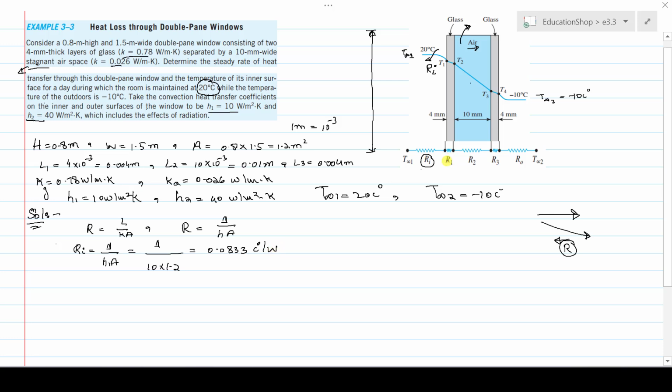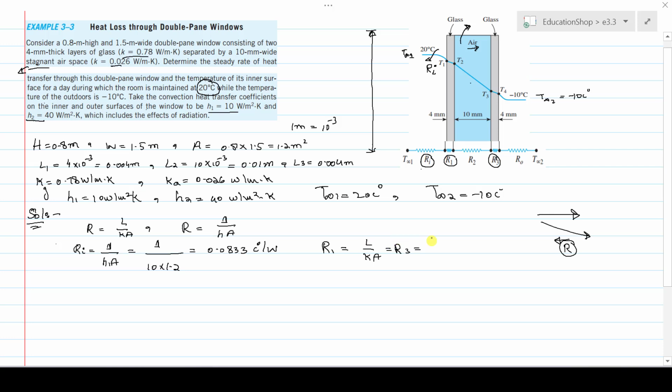This resistance R1 is offered by the first layer of the glass, and the mode of heat transfer in this glass is conduction. Then we can say that R1 is equal to L divided by kA, and this glass is the same in terms of thermal conductivity and thickness. That's why it is also equal to R3. So R1 and R3 are the same, and the value is L divided by kA.